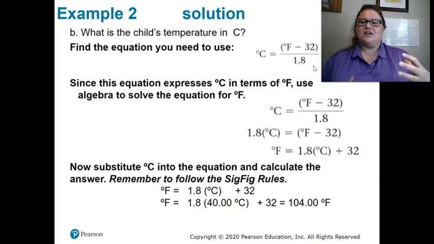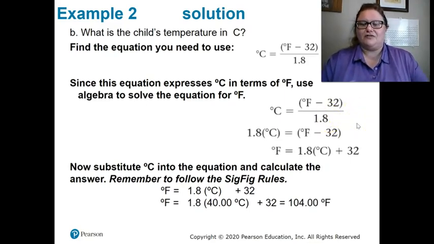Next, we want to do one of two things. It depends on your algebra skill level, how confident you are with solving for different variables. If you feel pretty good with algebra, my suggestion is, before plugging in values that are given from the problem, solve the equation for the unit you're solving for. That way, you have it already set up to just plug in after that point and get your answer.